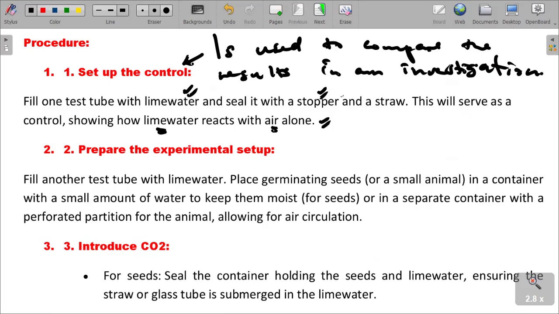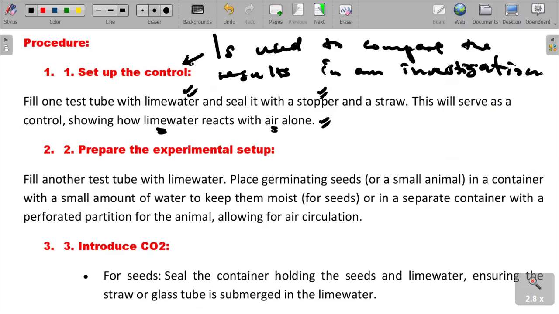So what we mean is when we are saying compare the results, we are able to tell that carbon dioxide is produced during cellular respiration by having a natural setup, which is having the conditions that are unmanipulated.